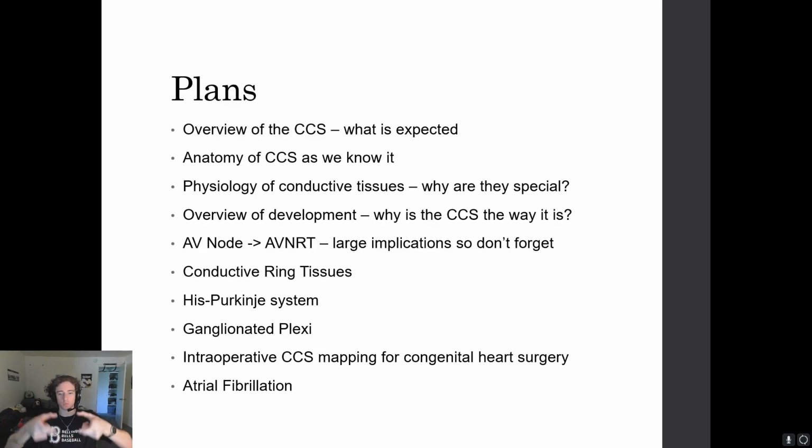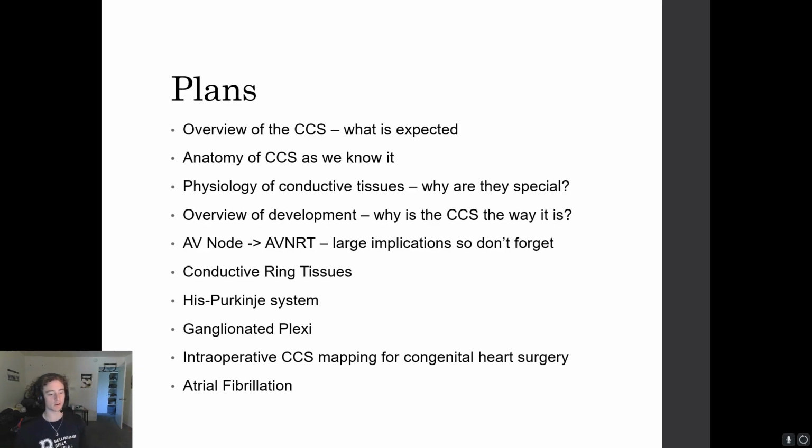Basically, they form these rings of conductive tissue. For the whole video, I'm going to be saying conductive tissue, so don't get that confused with connective tissue. I'm always going to be saying conductive tissue. I might mess up and say connective tissue, but conductive is that nodal type thing that's going to conduct the signal, right?